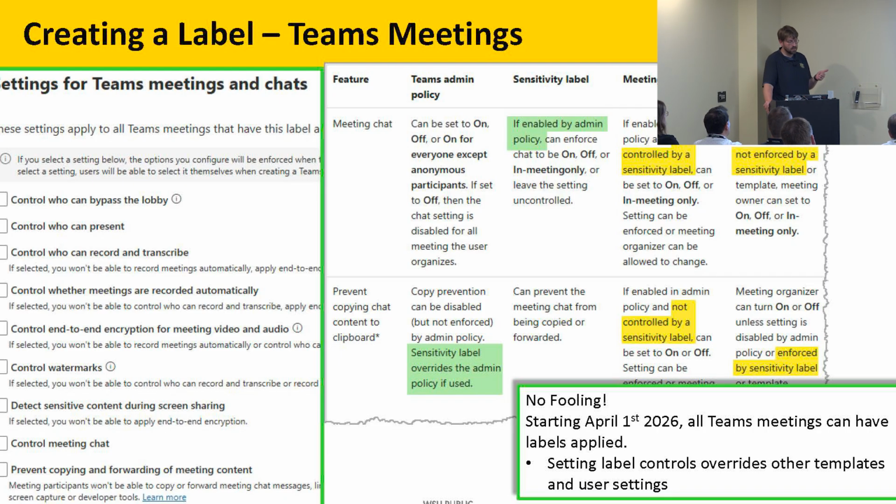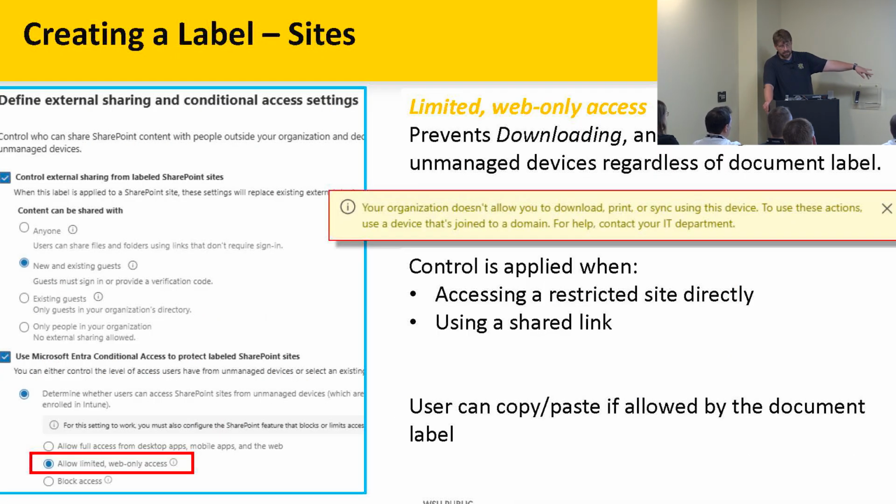On sites, if you are to control your sites, and this is a setting we have for some of our restricted sites, you can turn on the allow web-only access. This is a little tricky and gets some problems in our environment because if you have a restricted site with this option turned on, if you were to send a SharePoint link out to someone, like a Word document, they will not be able to download it or print it.